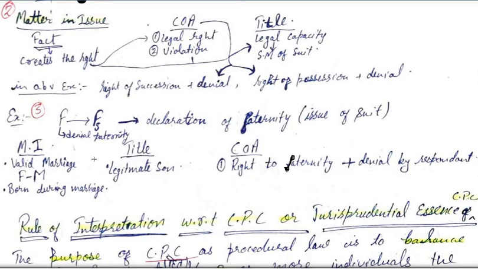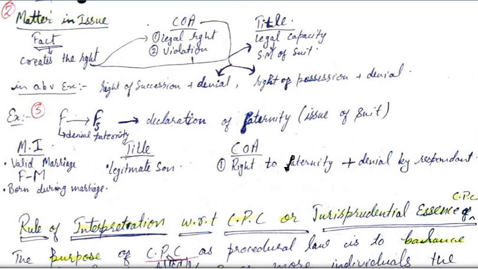But the fact that he was born to his mother while the marriage of mother and father continued to exist is in itself a fact which goes on to establish his paternity. Legitimate paternity is created from this, and therefore this is a matter in issue.